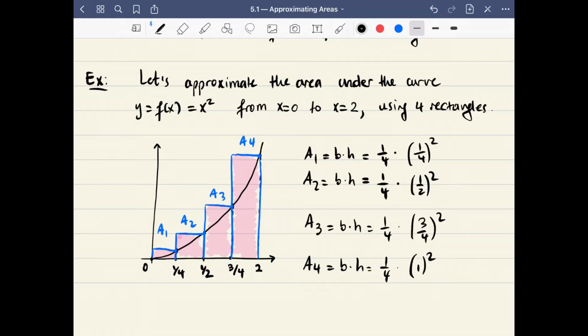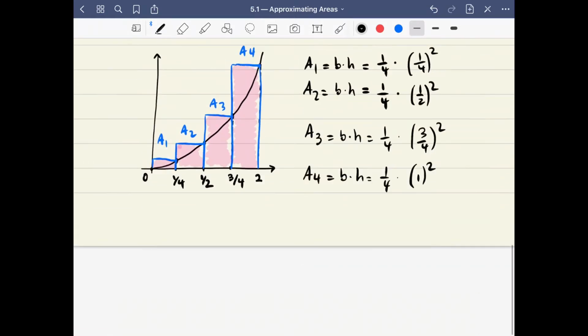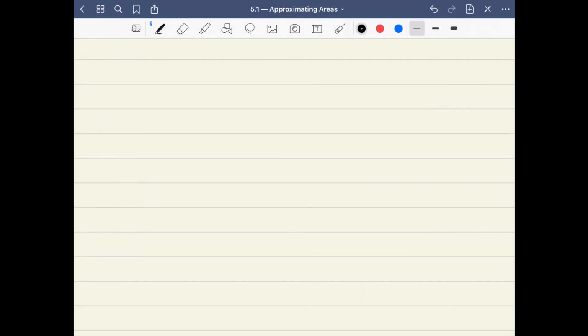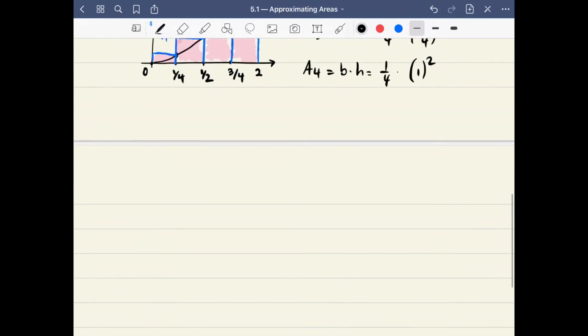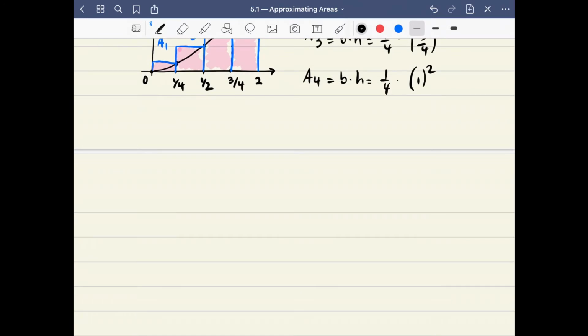All right, so the area under the curve y is equal to x squared is approximately, so let me write this here, the area under y is equal to x squared is approximately A1 plus A2 plus A3 plus A4.